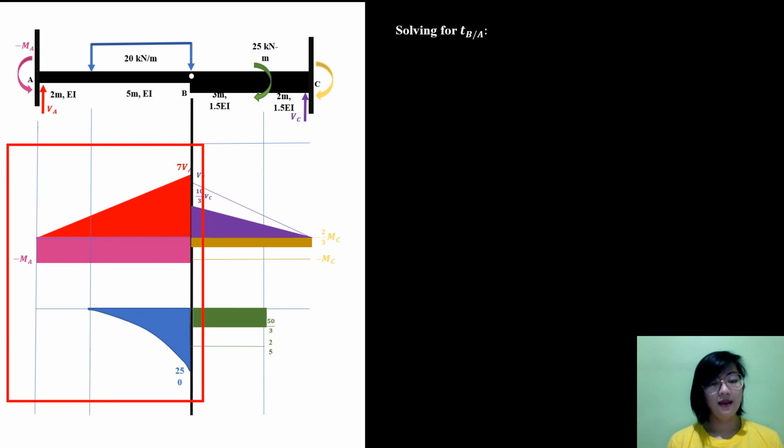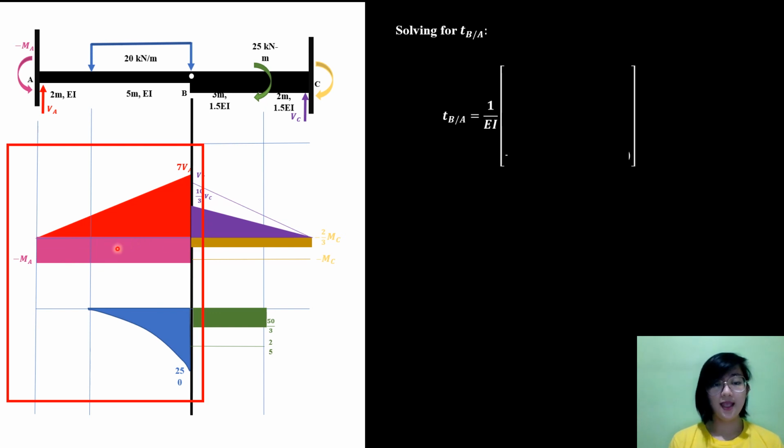So in this problem, ito ang kailangan natin, itong part lang na to. So, let's start. So, TBA is equals to 1 over EI times yung, let's start with this one, the negative MA. So, negative MA times yung distance niya, which is 7.